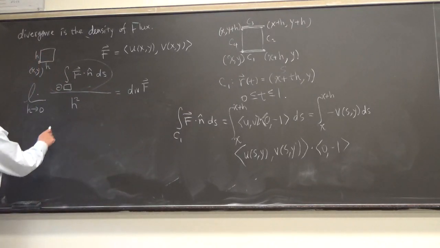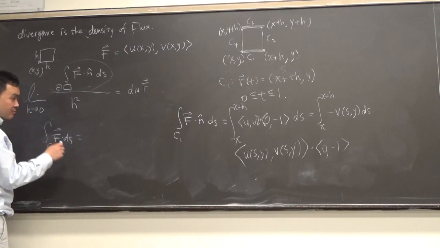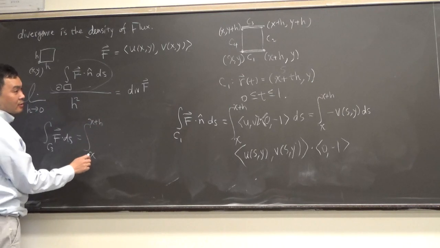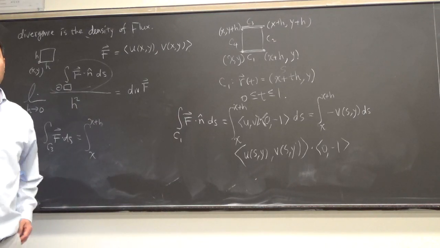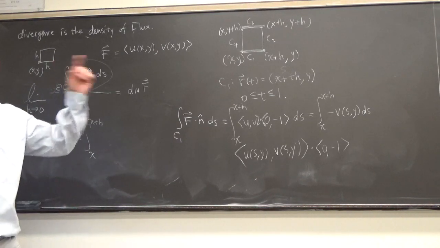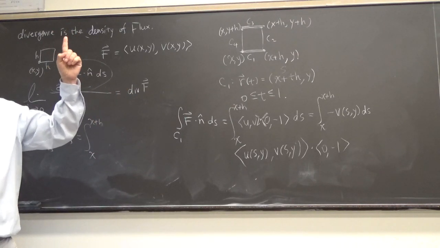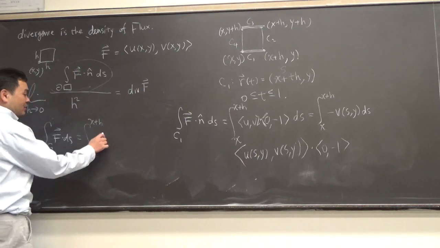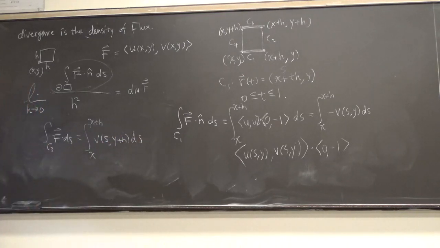So over C3 of F dot n ds, what happens is that it still goes from x to x plus h, and then, what is the outward normal vector this time? Which direction? Up, down, which one? Up. So what's the vector? (0, 1), right? So you're going to get positive v(s, y plus h) ds. That's what you're going to get for the C3.